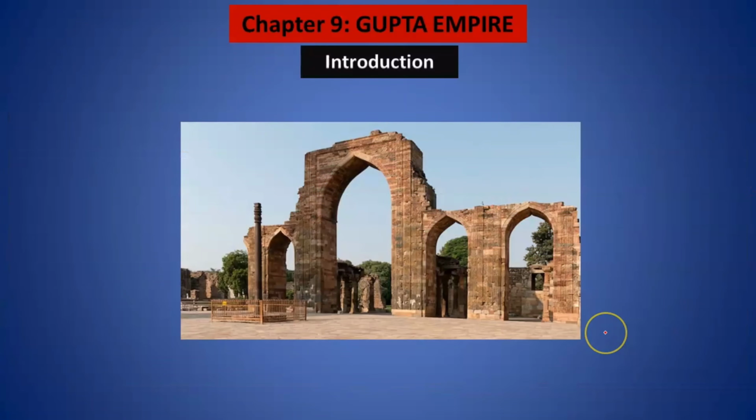All right, let's continue. This is the Mehrauli pillar in Delhi, about which I was talking. The best part about this pillar is that though it has survived for thousands of years, it has not rusted even in the presence of sun and rain. It has not rusted even till now. This shows the magnificent work done by the people of those times.